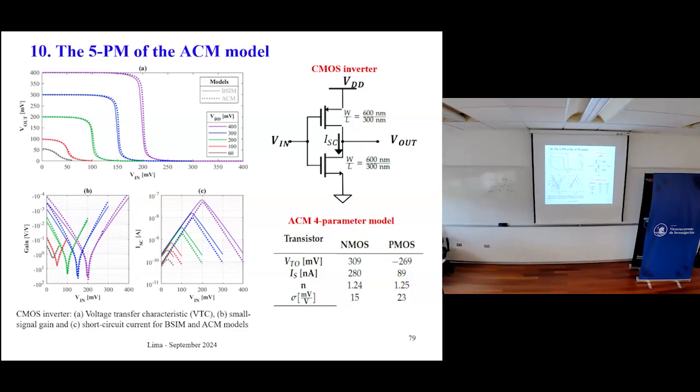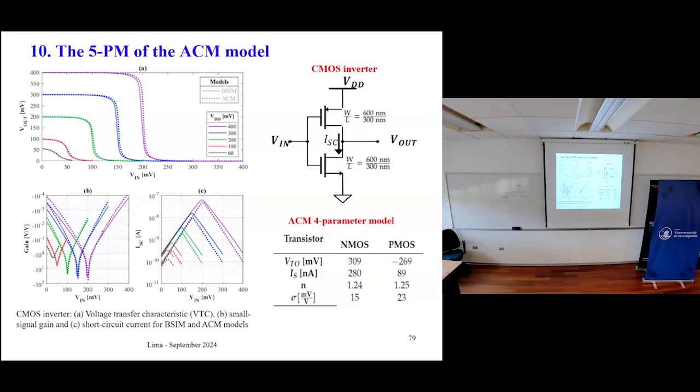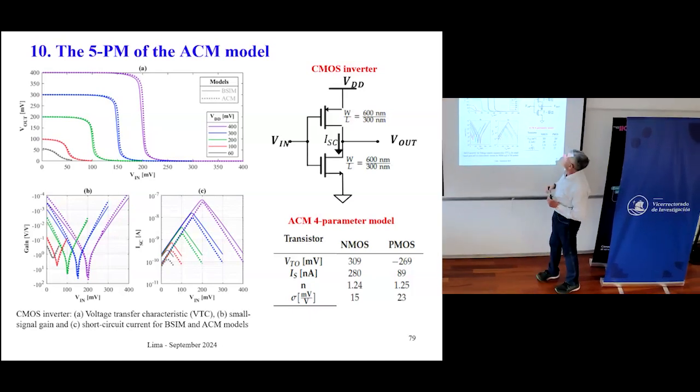Each time there is a transition in the input signal, you have a transition in the output signal. And you have a current that crosses both transistors and what we call dynamic current, the current to charge and discharge a capacitance here. If the sweep is very, very slow, this current will not be important.